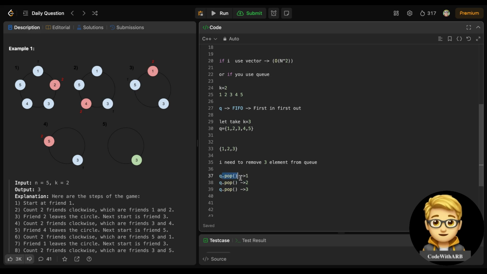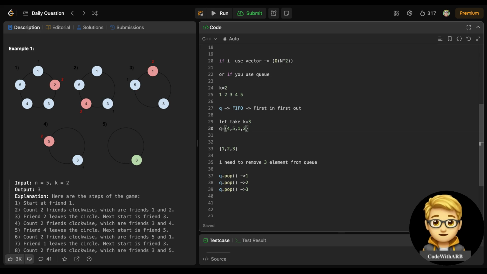So you will push back this 1 2 to my queue. So this will be like this, and this 1 2 will be removed.